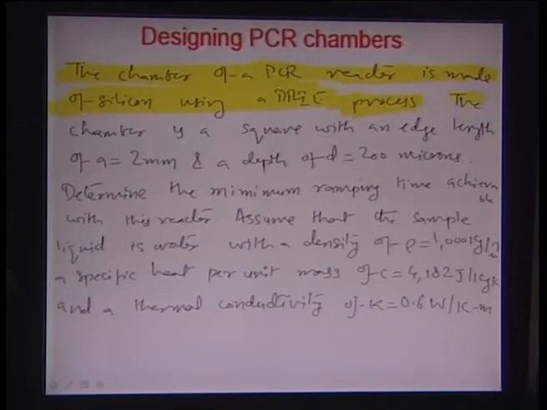The chamber is a square with an edge length of about 2 millimeters, and there is a depth of D equal to 200 microns. So, therefore, you have a square of 2 mm by 2 mm and a depth of about 200 microns. So, the chamber is pretty large in the length aspect and really micro in the depth aspect.